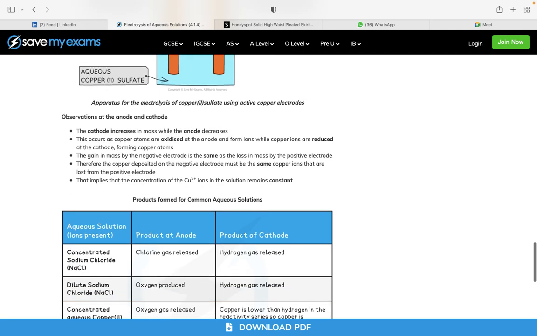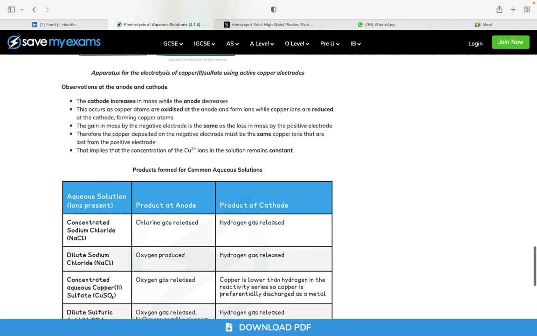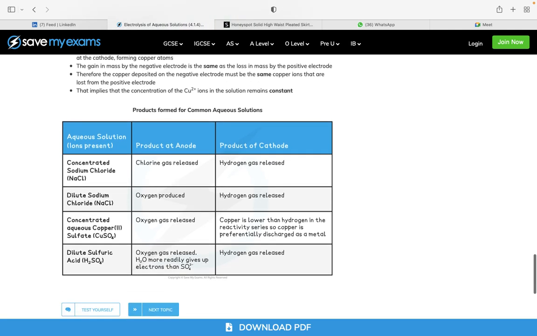Now, let's take a look at the products formed for the common aqueous solutions, the different ones that we have looked at. For concentrated sodium chloride, this is not brine, okay? For concentrated sodium chloride, chlorine is released at the anode, and hydrogen is released at the cathode.